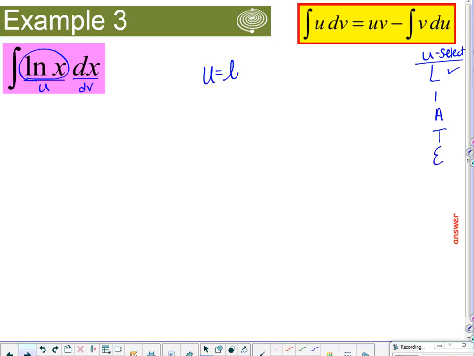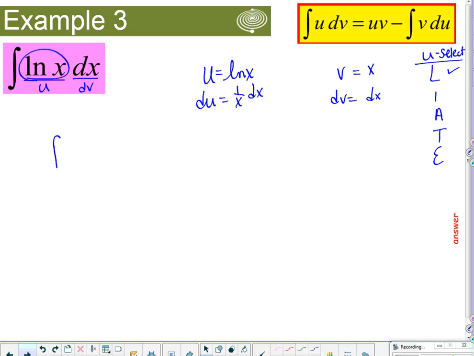Let u equal natural log x, which has a nice derivative. It's 1 over x dx. Please make sure you put the dx on your labeling there. Then the next thing is, let's start with dv. dv is dx. And integration will give us the integral of dx, just think of it like that, will be just x.